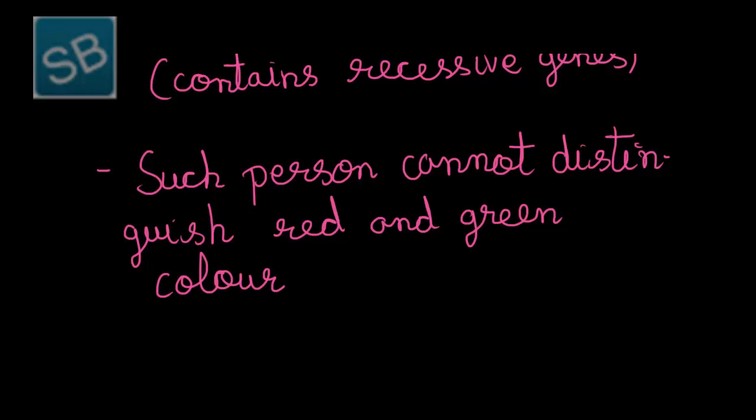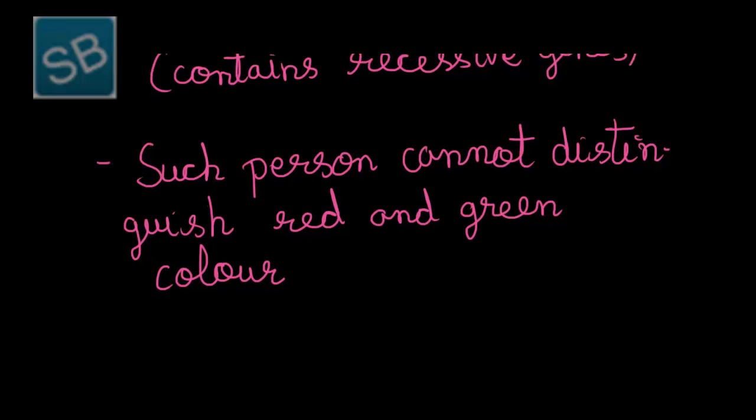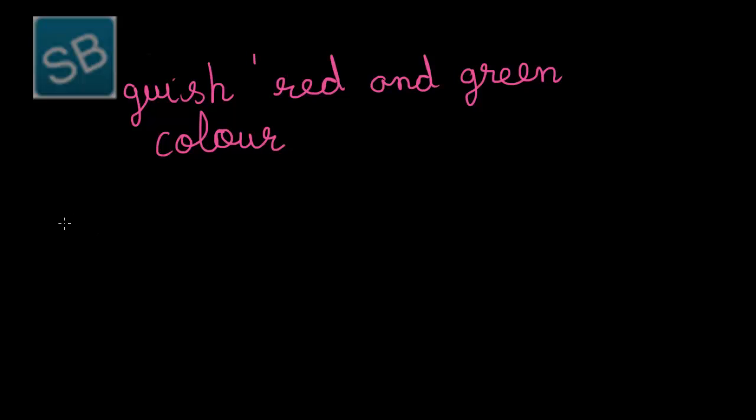As said earlier, this disorder occurs due to recessive genes. So, here the genes for color blindness are located on the X chromosome. A normal person can contain genes like C, because for color blindness the gene is represented by C: capital C for normal, and recessive, that is affected, by small c.